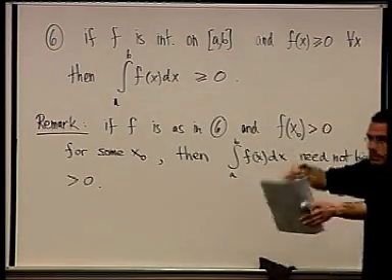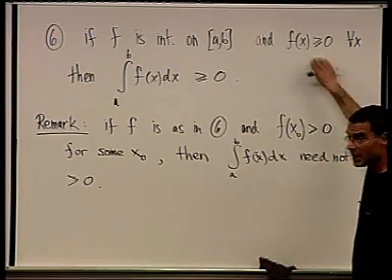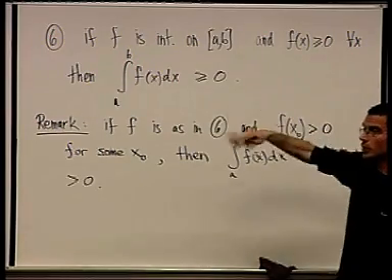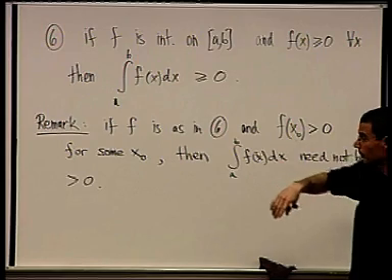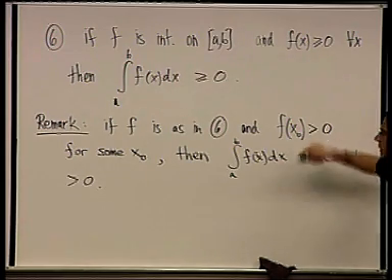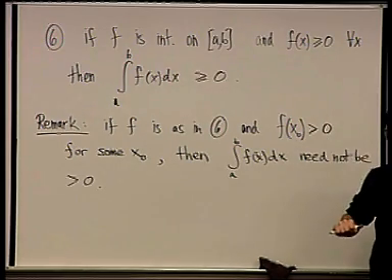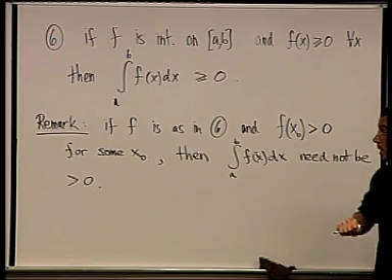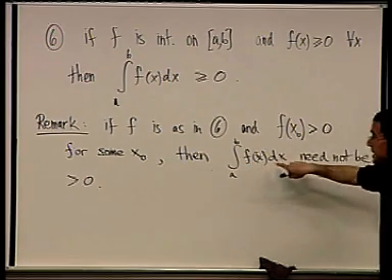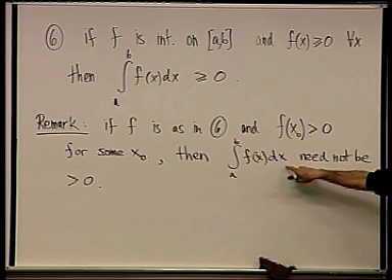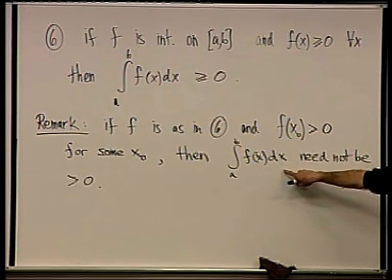Non-negative. Forget anything that's negative. Just like our original intuitive drawings. Moreover, there's a point where it's actually positive. Does the integral necessarily have to be positive? No. Why not? You can have a removable discontinuity.